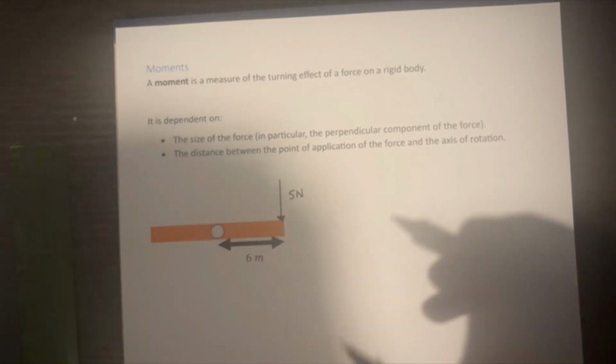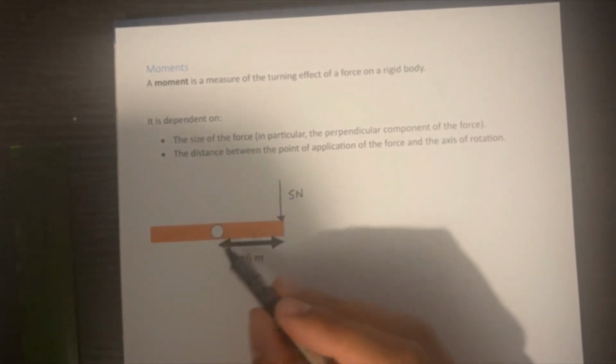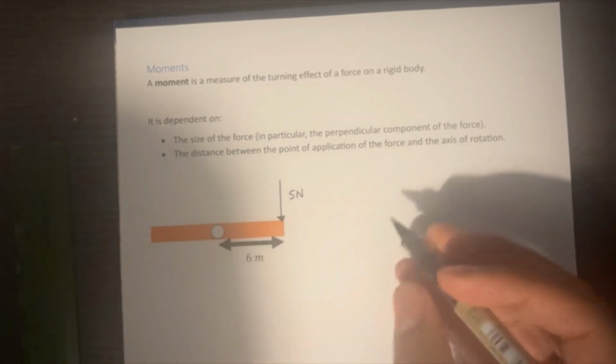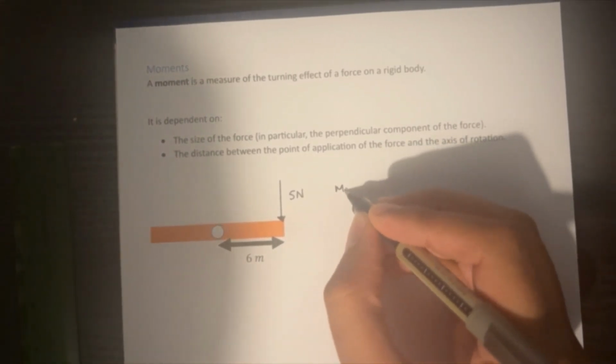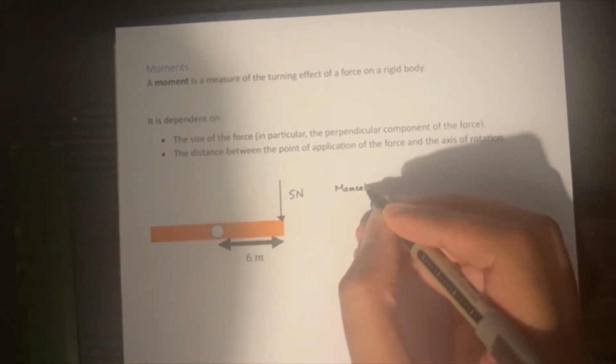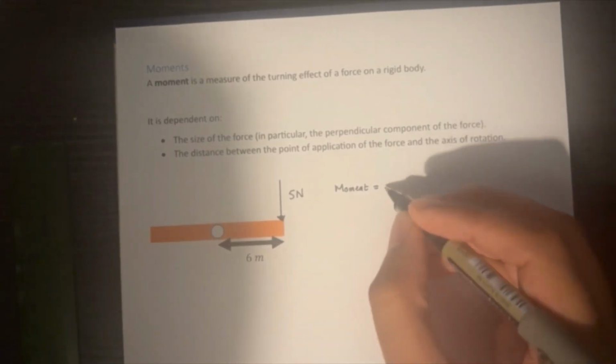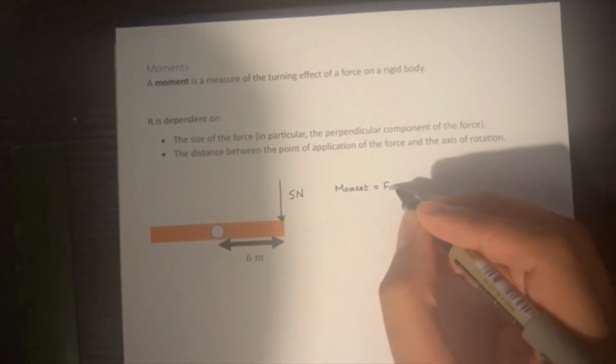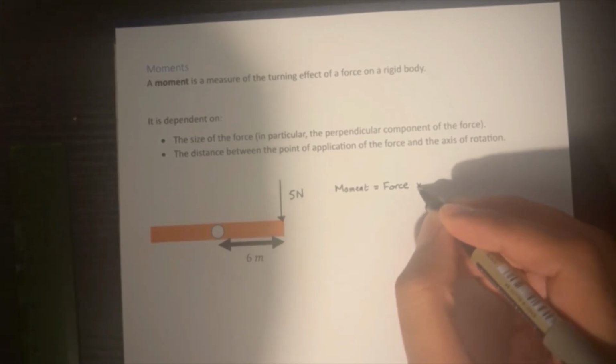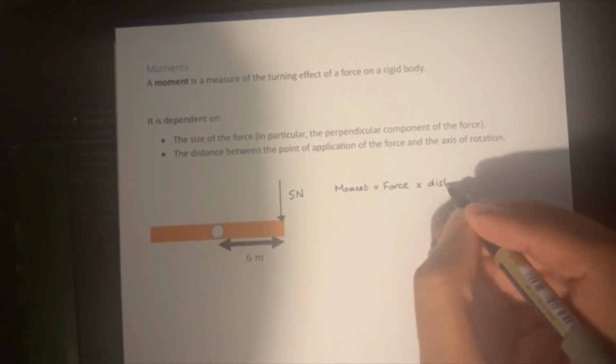Now, to calculate what we call the moment about that point, the moment is simply equal to the force times the distance.